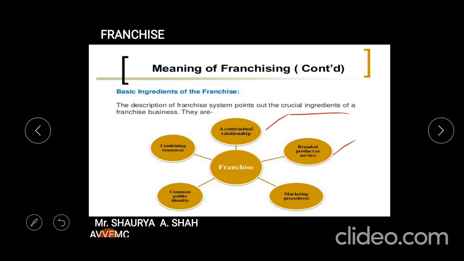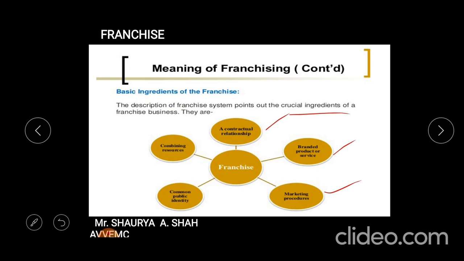Marketing procedures are already decided by the franchisor. You have to follow the same, each and everything from the packaging, from advertisement, from the layout of your shop. Each and every procedure is decided by the owner, that is the franchisor.